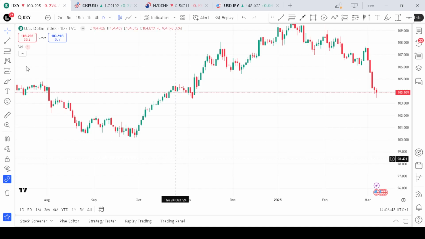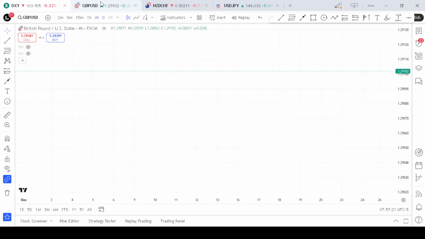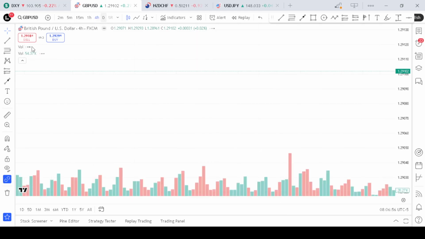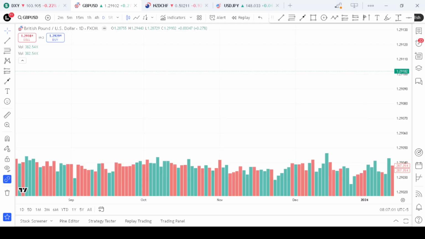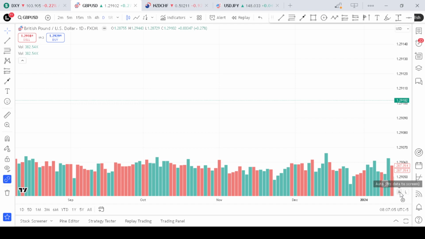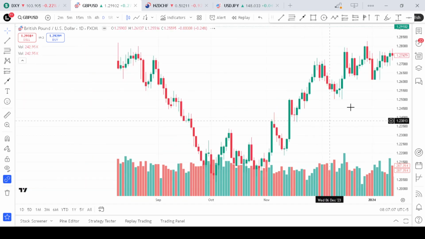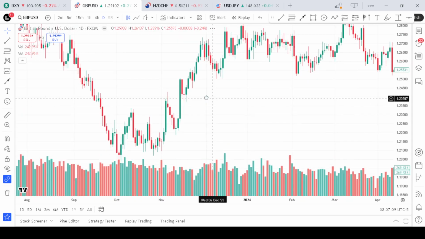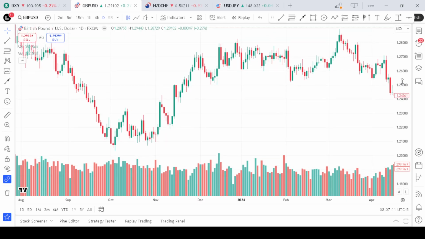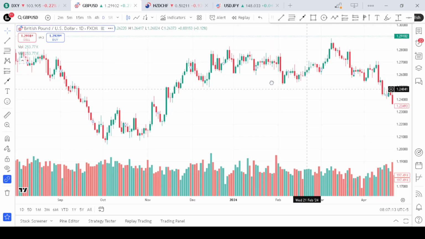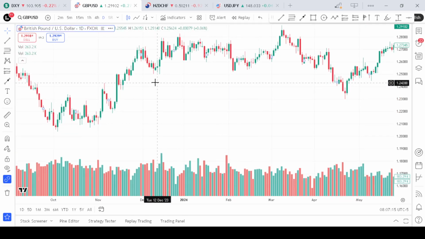So let's look at the volume of our US pairs on the daily time frame. The volume during January is always to the upside.